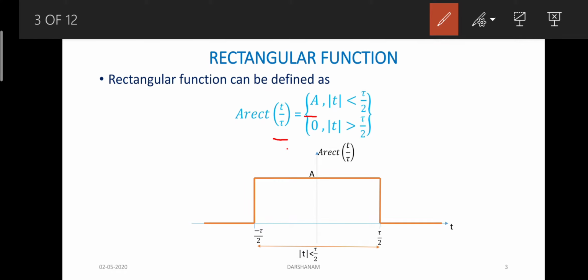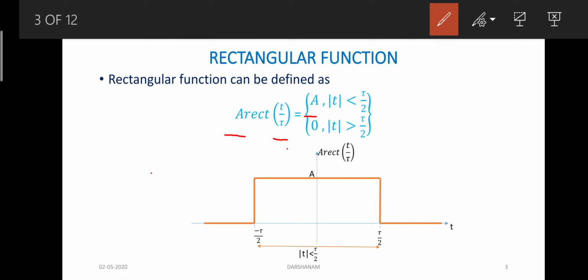The significance of the rectangular function is that the denominator of t represents the width of the rectangular function, and the coefficient of the rectangular function, here A, represents the magnitude.